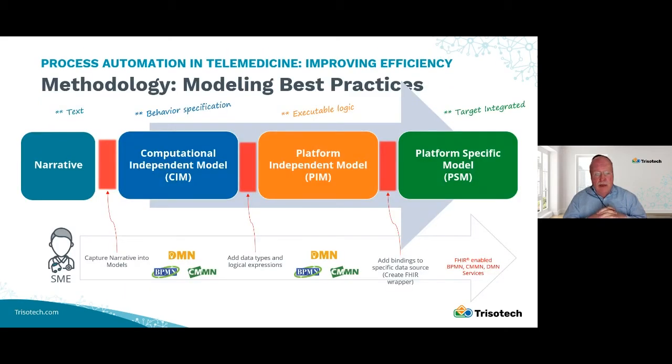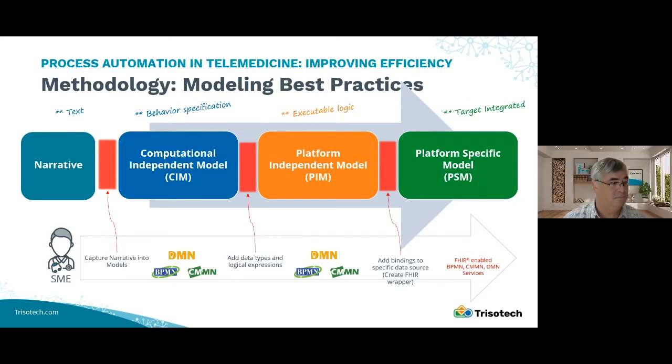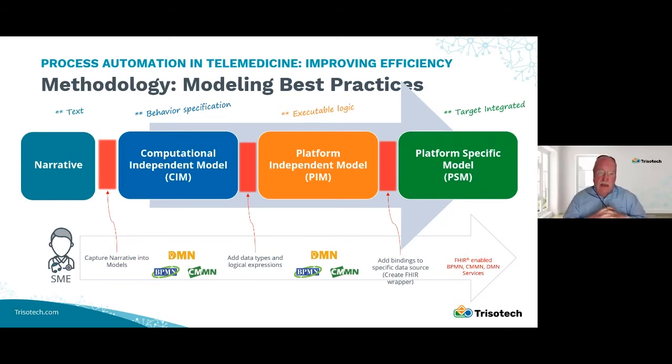And so when we look at the methodology that's present, we have a narrative, and that's basically the protocol. Then the first task is to come up with an independent model that really isn't computerized. Basically, it's a diagram. And what this does is it tries to capture the behavior in the narrative in a visual way.